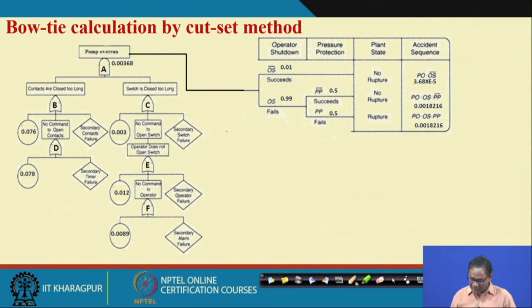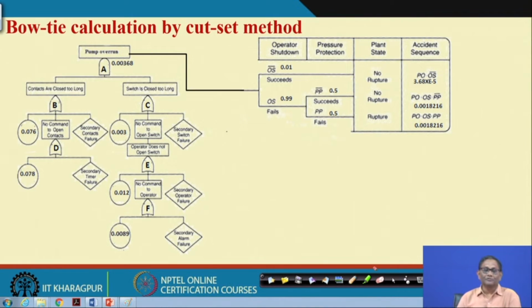Okay. Now you may be interested to know the probability of the accident sequence. Then you have the bow tie. So you first find out the probability of this. Then you know what the success of this is, and this one fails. It should be reverse. Success should be 0.99 and failure should be 0.01.